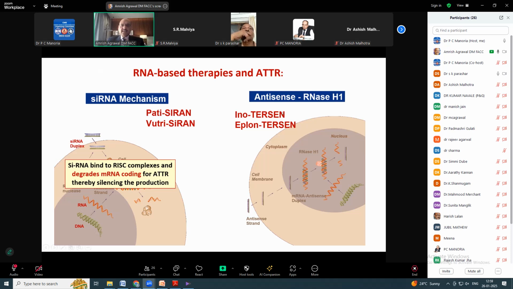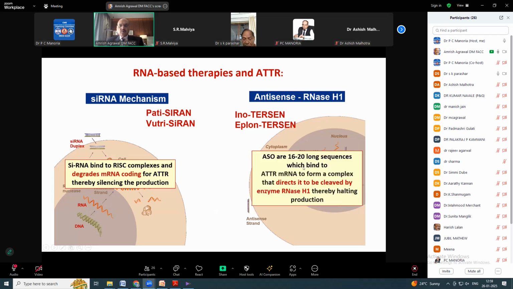Then there's another mechanism, which is called the antisense oligonucleotide mechanism. What it does is that antisense oligonucleotides are small sequences, 20 nucleotides long, which bind to the messenger RNA. Once it binds to the messenger RNA, it directs the enzyme RNase H1 to cleave it, thereby halting the production.